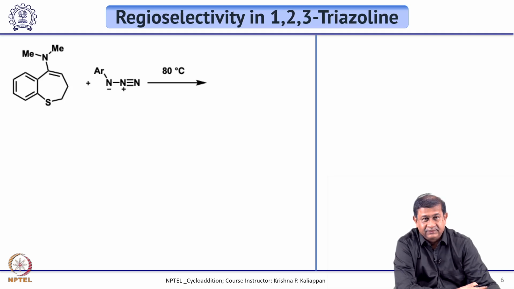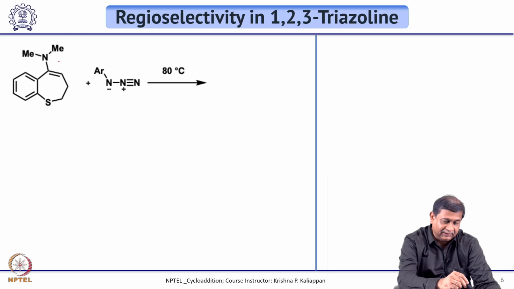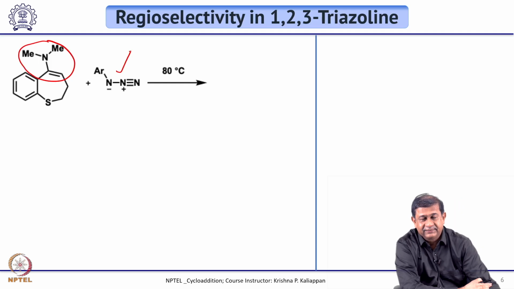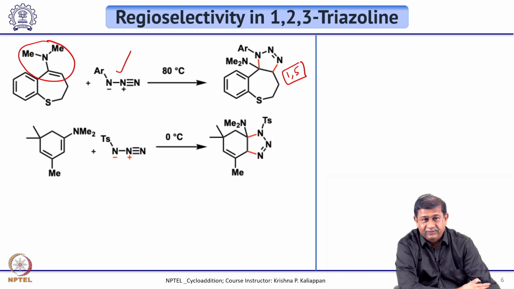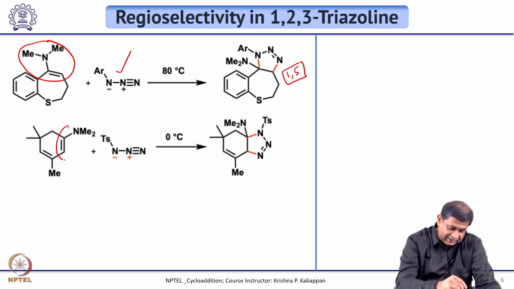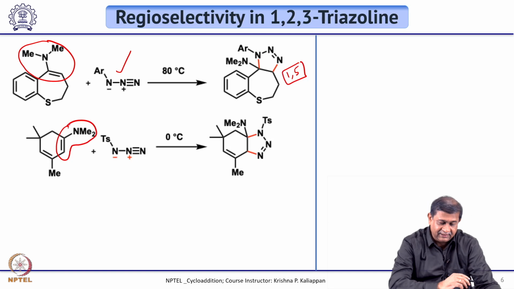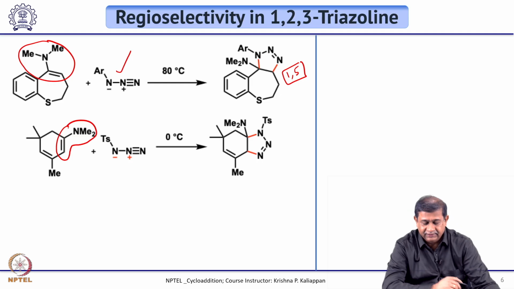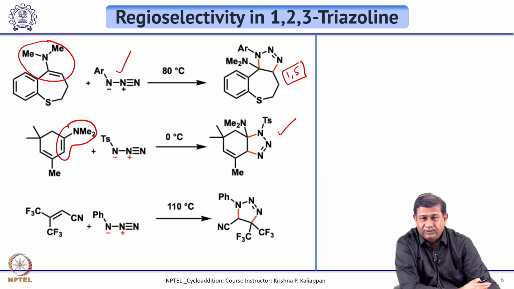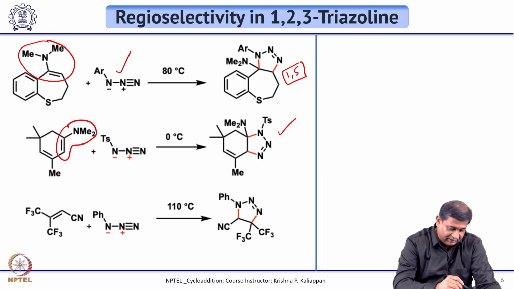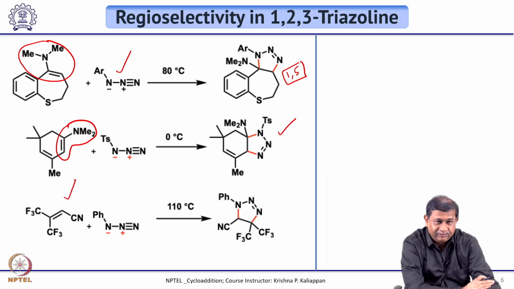And if you look at this particular example, you start with an enamine, and then the enamine reacts with aryl azide. So that should in principle give this 1,5-triazoline. And likewise again you can see this is the enamine, and this enamine reacts with tosyl azide to give this particular triazoline. Again it is 1,5, and if you look at this dipolarophile, it has two substituents.